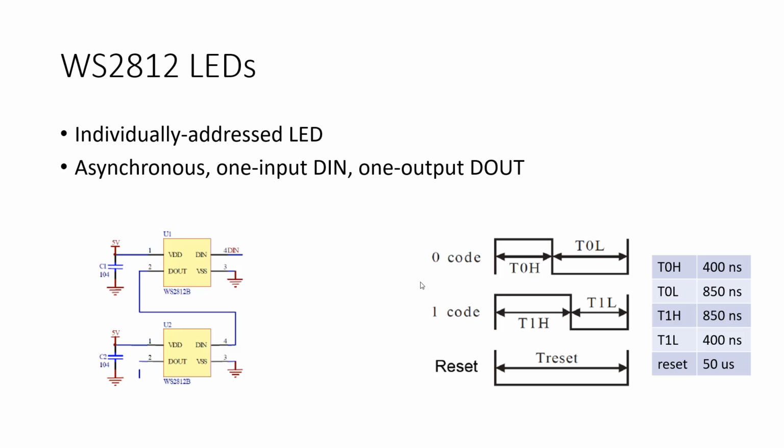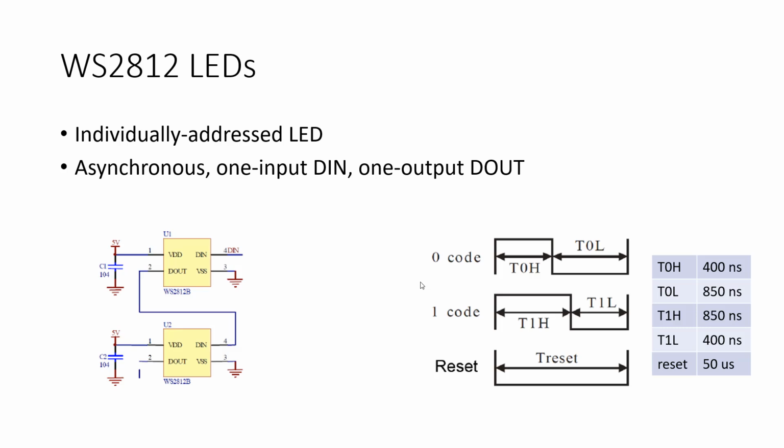And then the next one down the chain, once it gets its 24 bits, it goes into its relay state and it passes. So basically, the first 24 bits you send in the chain is automatically assigned to the first LED in the chain, right? So the LEDs are addressed implicitly according to their position in the chain, right?